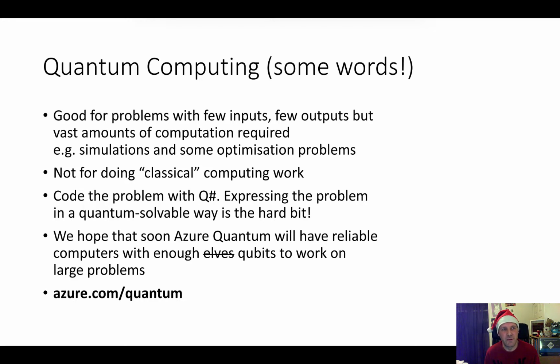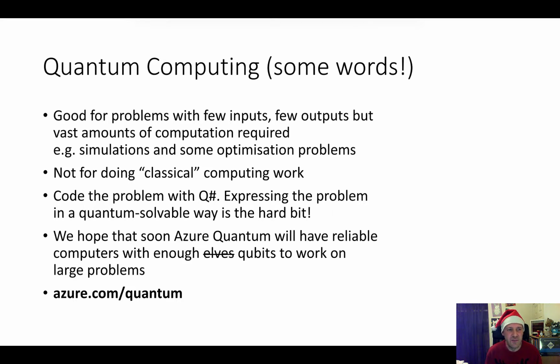And it also works well, as we were doing here, for some optimization problems. What it's not for is doing classical computing work. So, you're never going to have a quantum computer running a website. You could think of it more like a GPU in that way. It's designed to do specific work extremely well.